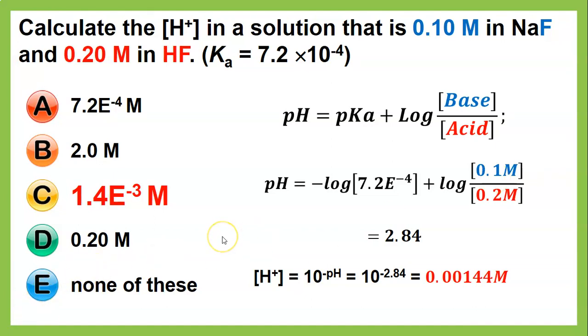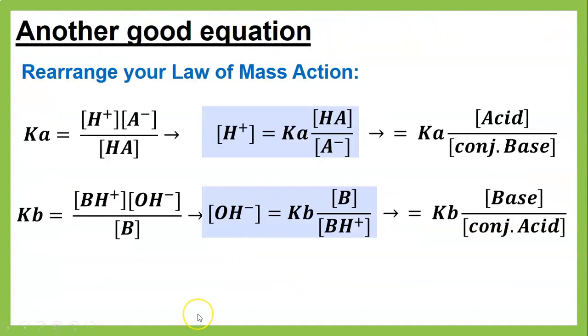Here's a couple other rearrangements that I personally really like. I like using my law of mass action to be able to just rearrange it. And I like thinking about it as the acid and the salt, or down here, the base and the salt.